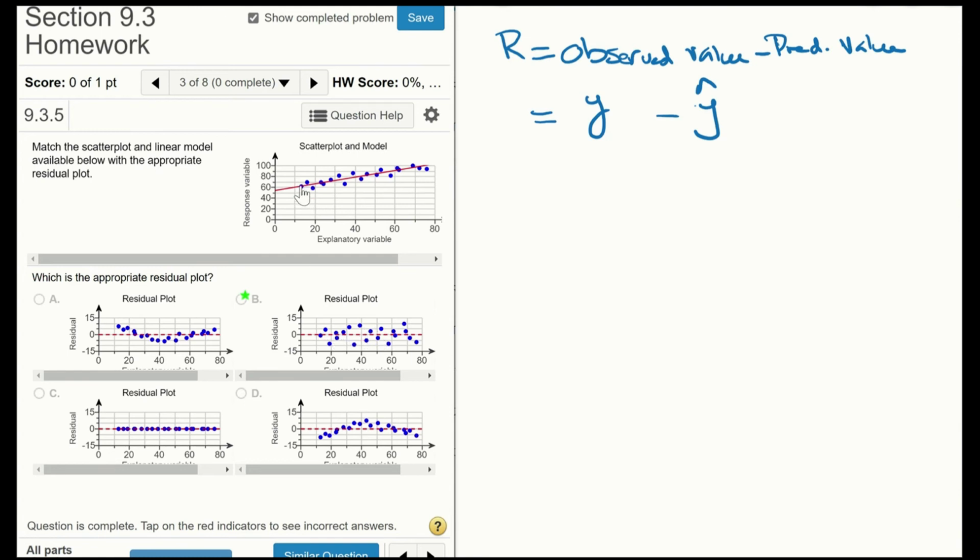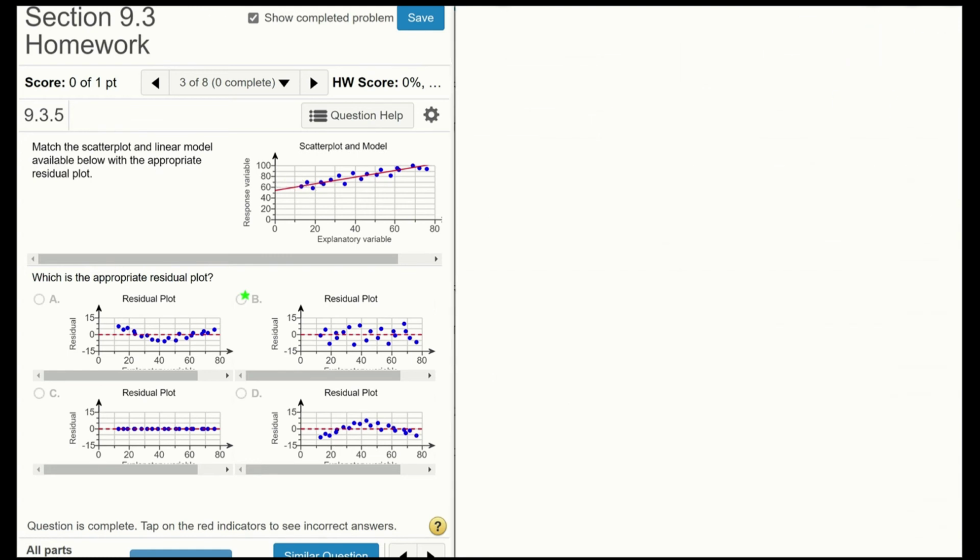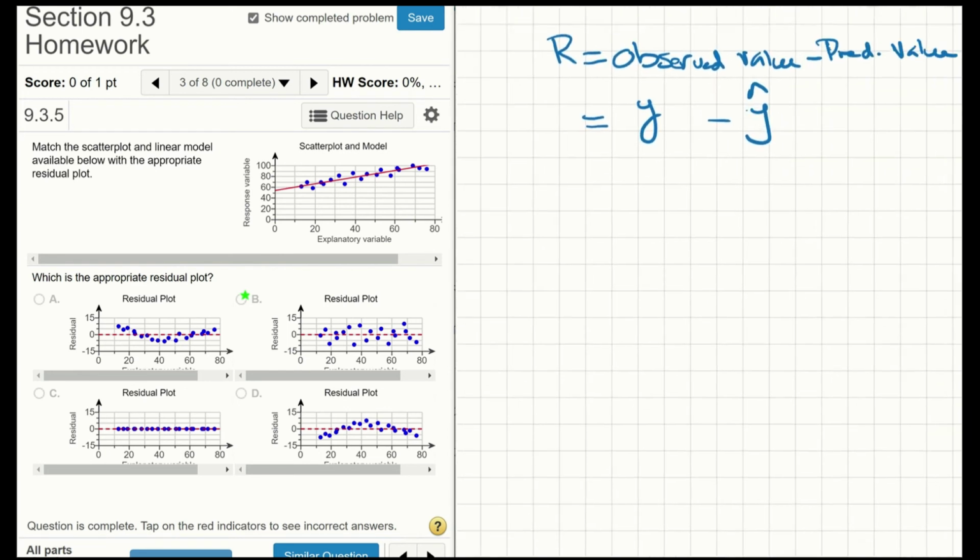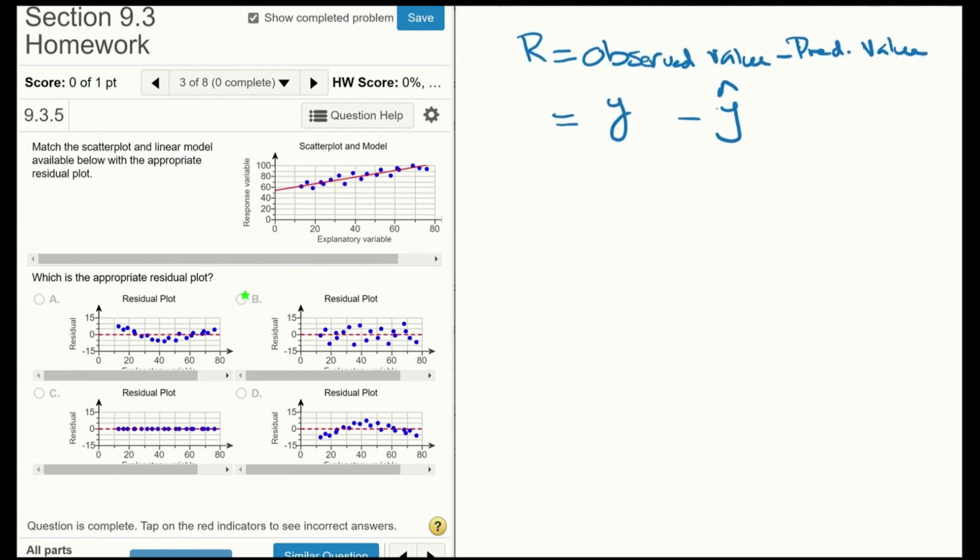Notice from there we go to a point for which the predicted value is less than the observed value, right? So the observed value is larger. Let me bring that back because it's going to be related to this. So we have y is greater than y hat, right? Notice the actual observed value is right there.